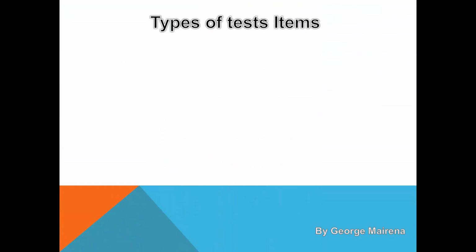So now let's see the kind of items that we can include on the test, but that depends on the sort of test that we got. Okay. For example, if you consider that the test is objective, we can use closed-ended items, right? But if we consider that the test is subjective, we can include open-ended items, right?